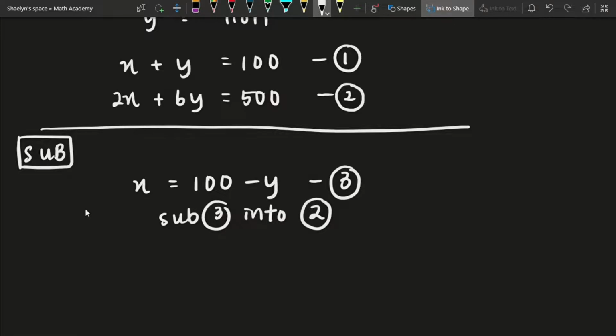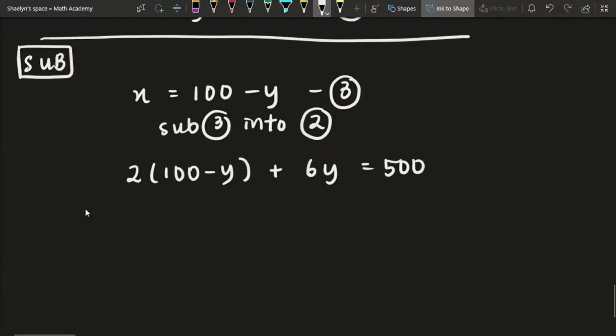So in this case, we just copy the second equation first, and then we sub the whole thing inside. Plus 6y equals to 500. Then we just try to multiply it, as you are very familiar with it already. Arrow to the first one, you get 200. Arrow to the second one, you get negative 2y plus 6y equals to 500.